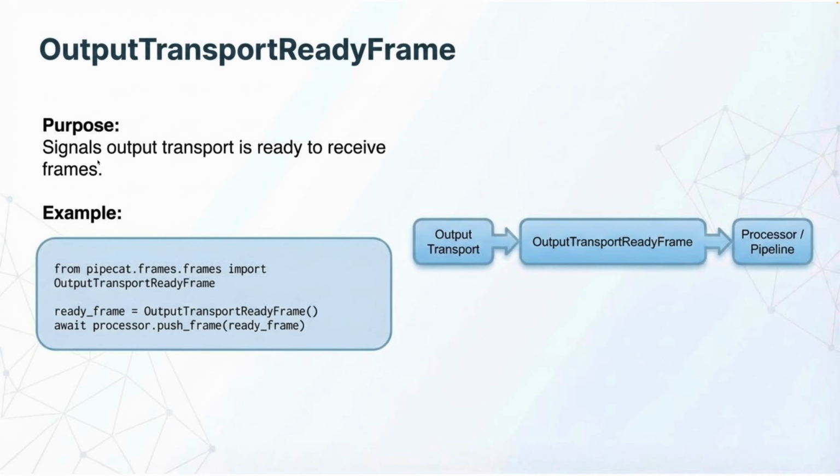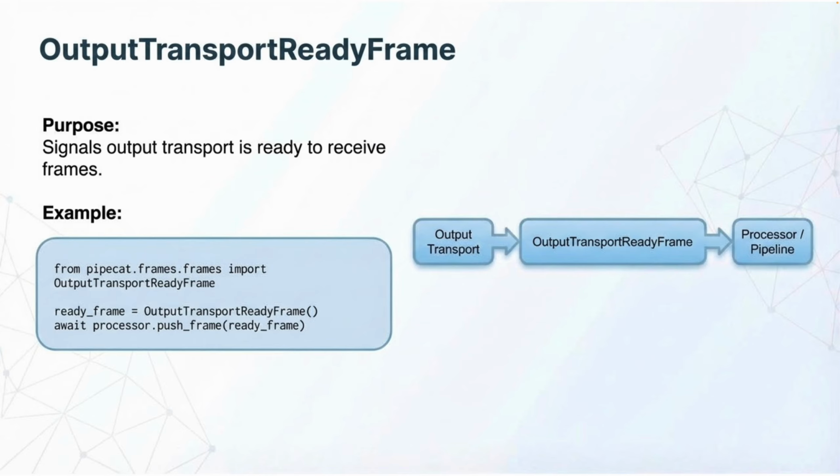Then we have output transport ready frame. This is not a queue frame, but a push frame, and it signals readiness. It signals the output transport is ready to receive frames. So it prevents lost or dropped output, and it synchronizes pipeline start with transport availability.